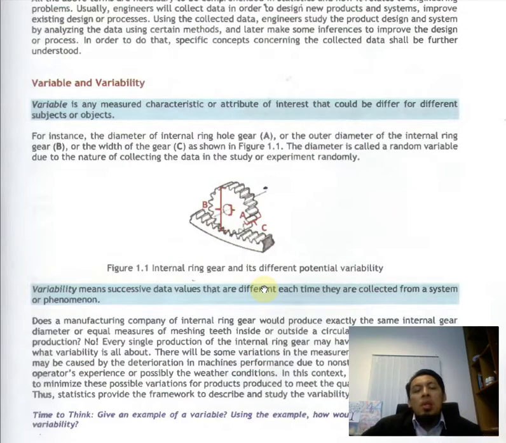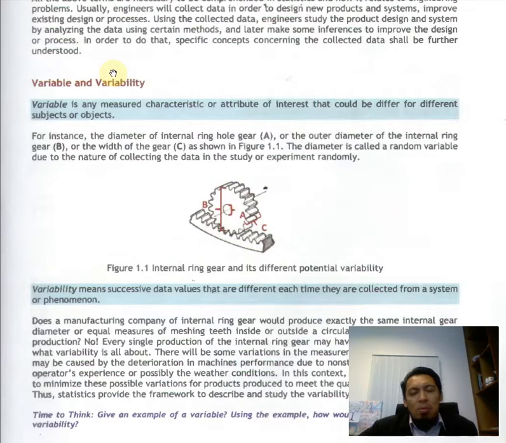If you don't have variability, meaning your data is almost the same, or exactly the same, there is no reason for you to use statistics to analyze the data, because you already know what the next data will be.